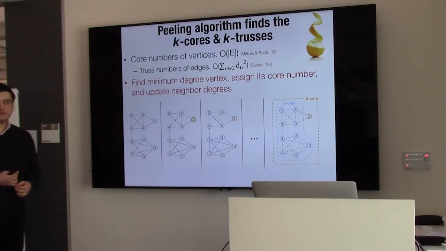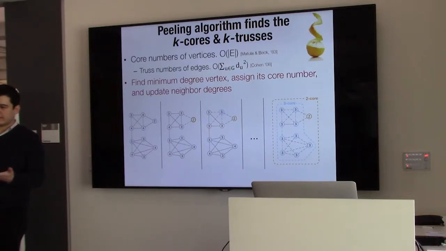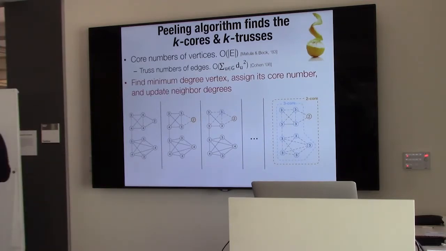There are multiple things that you can do. Most of the time we can't afford to store triangles, but we can store the triangle counts. I see. So at each time in that peeling process, you can just find your neighbor edges and adjust the triangle counts. Most of the time it is not feasible to store the triangles themselves. Just counts are fine.